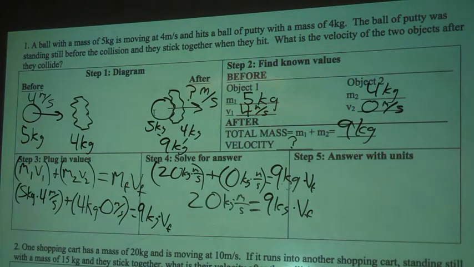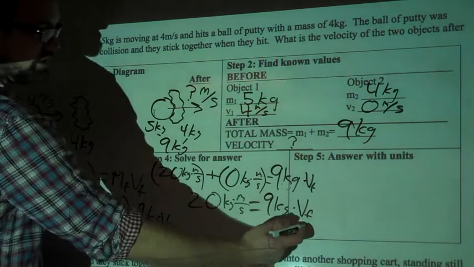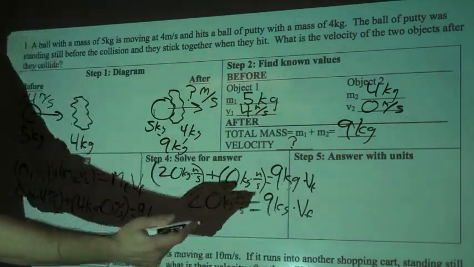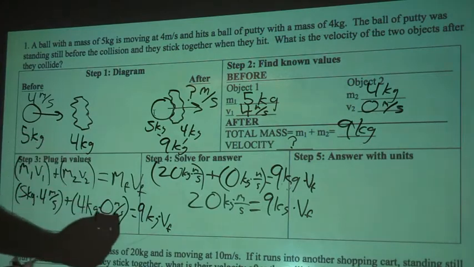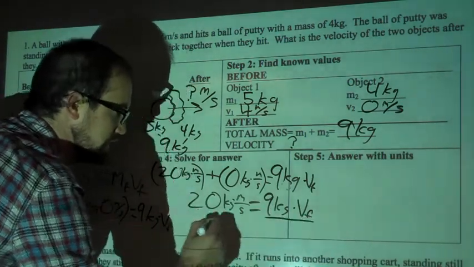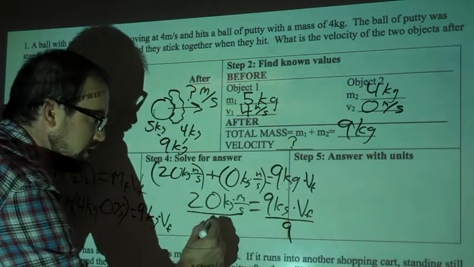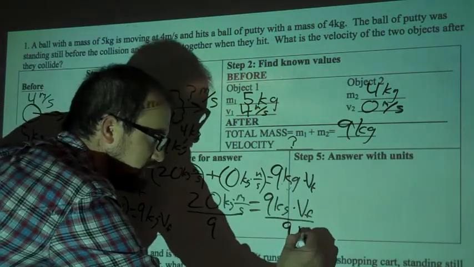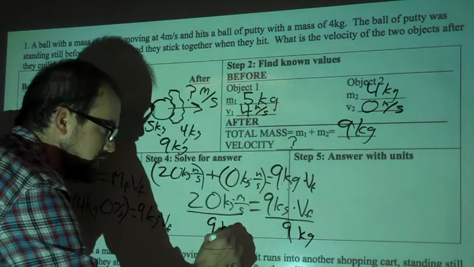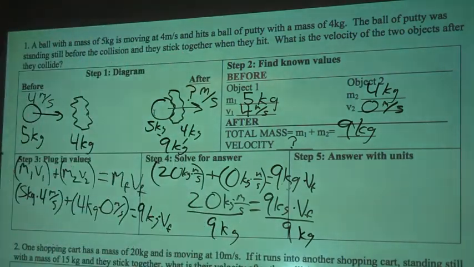Alright, so we want to get our final velocity by itself. So what do I have to do with this 9? I have to divide both sides by 9. So divide this side and divide this side. And it's not just 9, it's 9 kilograms. And that's really important because that'll give you the correct answer in the end.